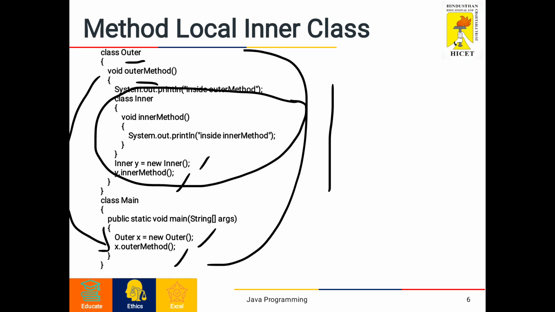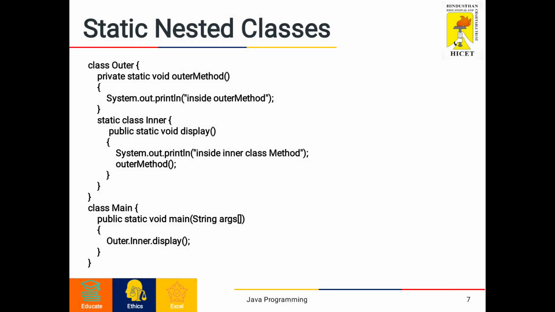Once this statement is executed, the statements inside the outer method get executed. It creates an object for the inner class, and with the help of the object, calls the inner class method. So we'll get an output like inside outer method and inside inner method. This is an example of a method local inner class.